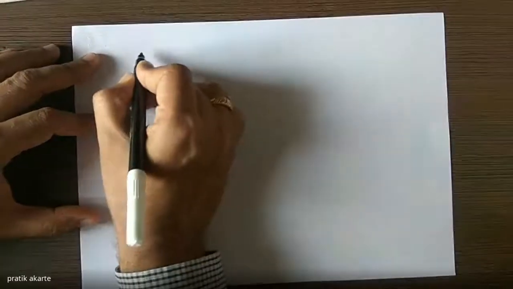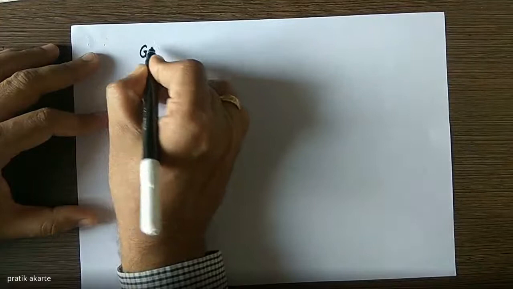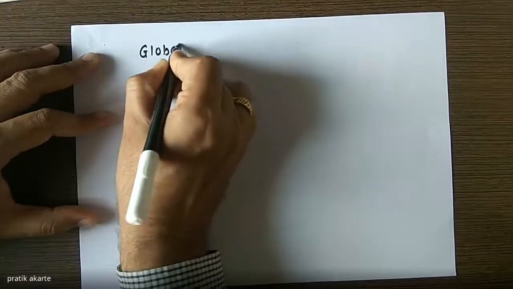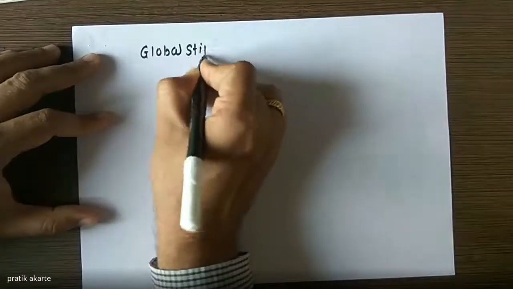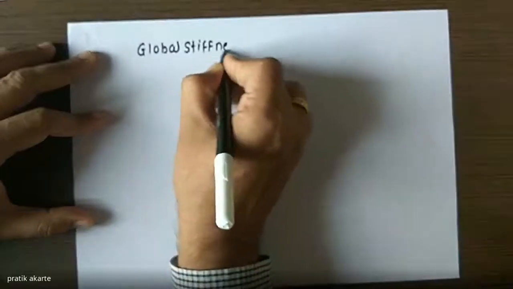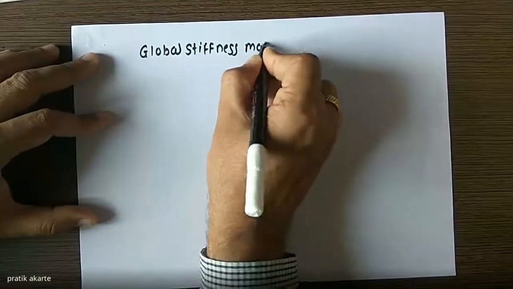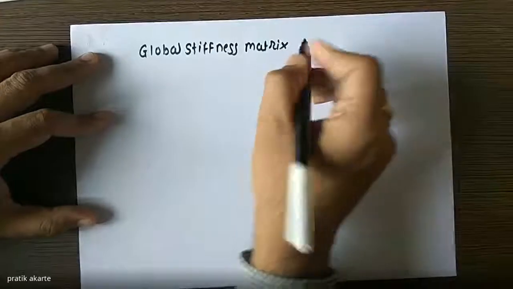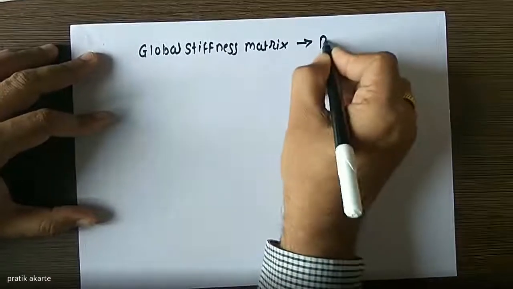So we have found out the global stiffness matrix, and after finding it, we have to give the boundary conditions.